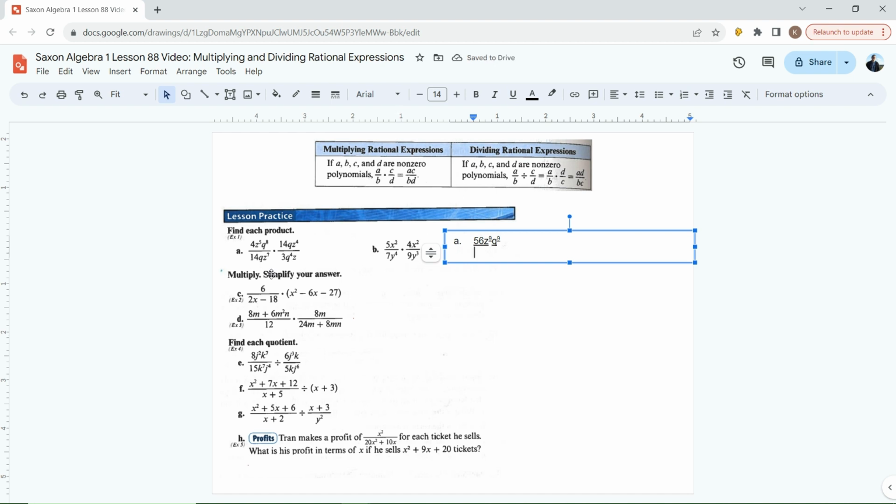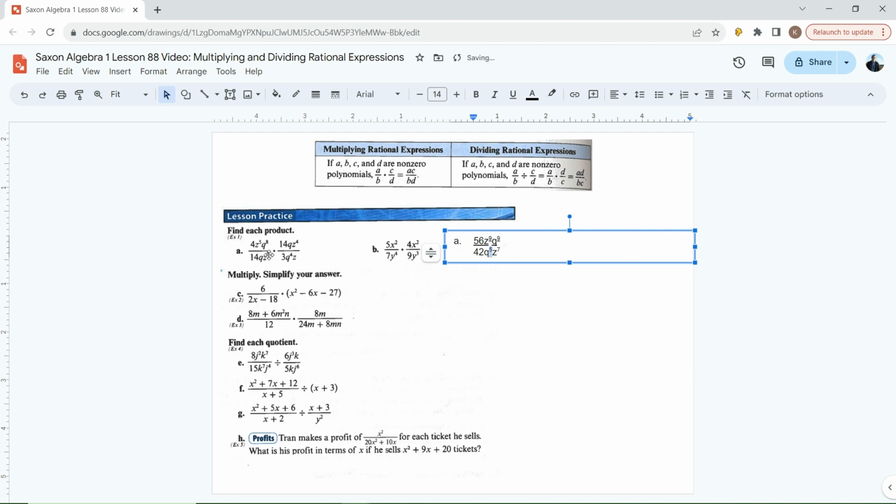And then on the bottom, let's put our denominator. We're going to have 14 q z to the seventh, times, and I'm just going to multiply across in the denominator. Well, 14 times 3 is 42. Q times q to the fourth, I'm multiplying a q to the fourth times its original q. That's going to be q to the fifth.